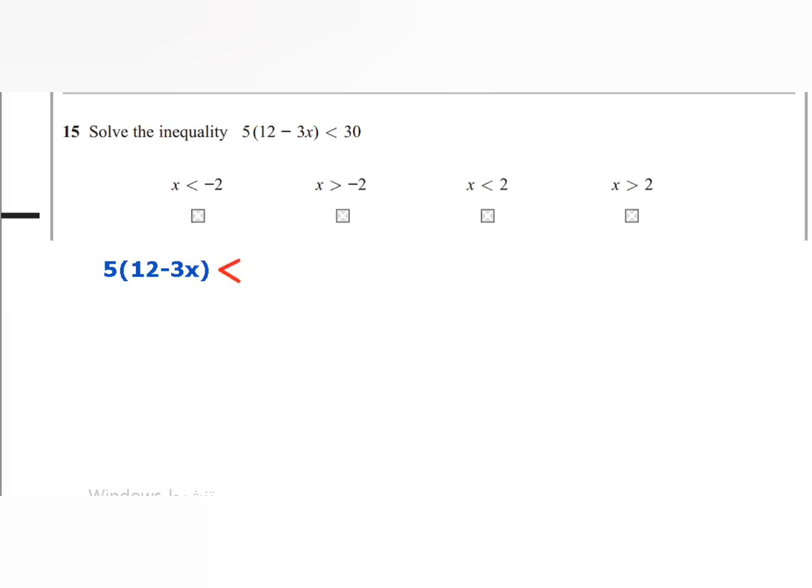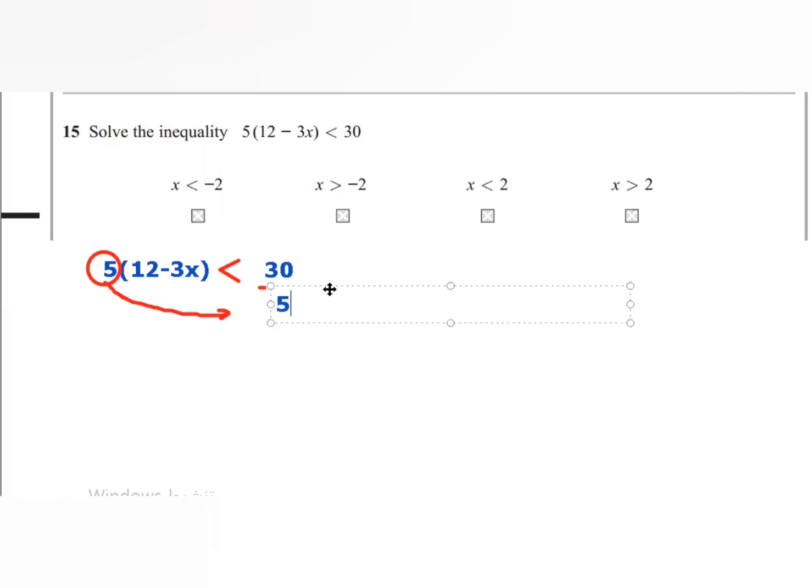Focus on the signs. And then we have 30. As I said, this one is multiplied, so I'm going to take it to the other side by dividing. So it's going to be 30 divide 5, like this. Or divide both sides on 5, same idea.